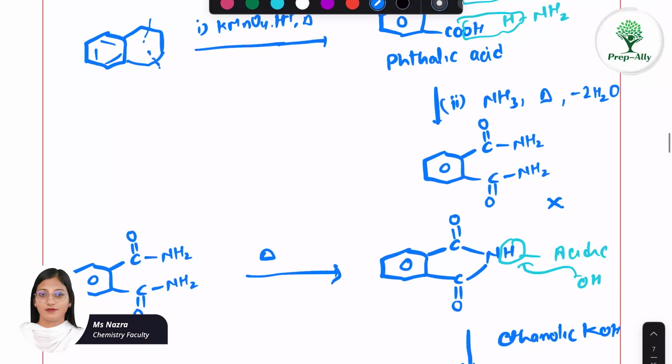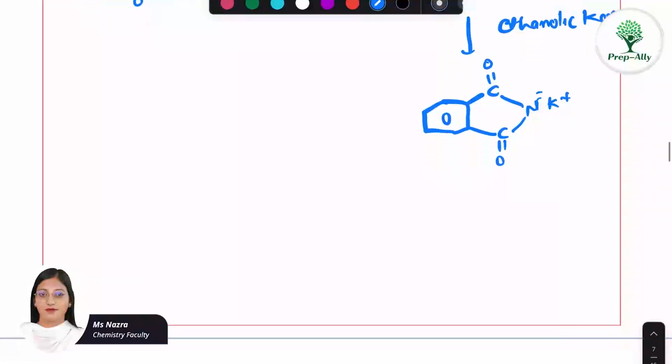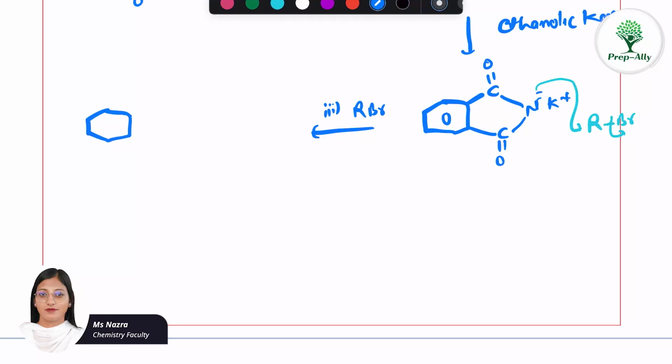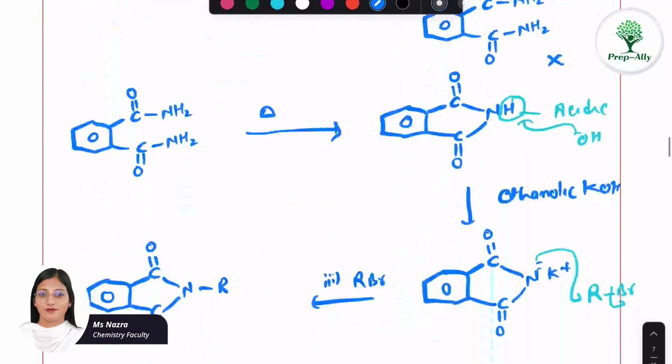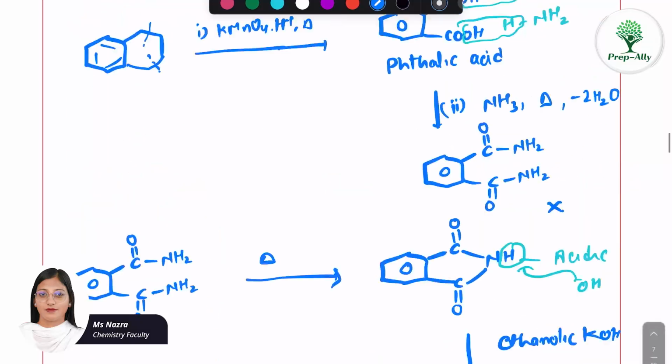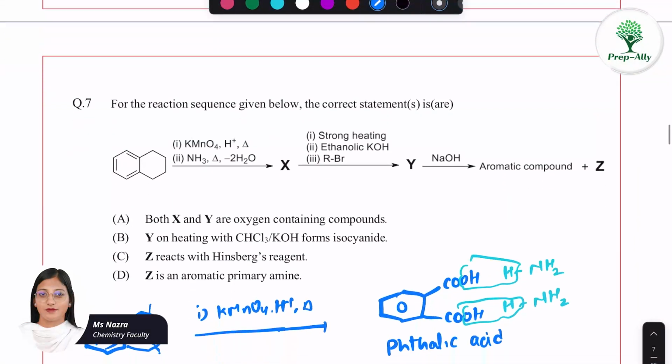Now the next step is addition of RBr. The third step given is RBr addition. What will happen over there? Since we have RBr, this N minus will attack the R group, and Br minus will leave. We will get this compound, with C double bond O, this one. This is your Y. Now next, in Y we are adding sodium hydroxide.